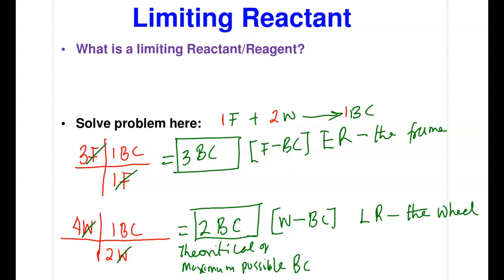So this is the theoretical yield. I mean that I cannot get up to 3 bicycles. I can only get up to 2 bicycles. So now if I define my limiting reactant, what is it going to be?